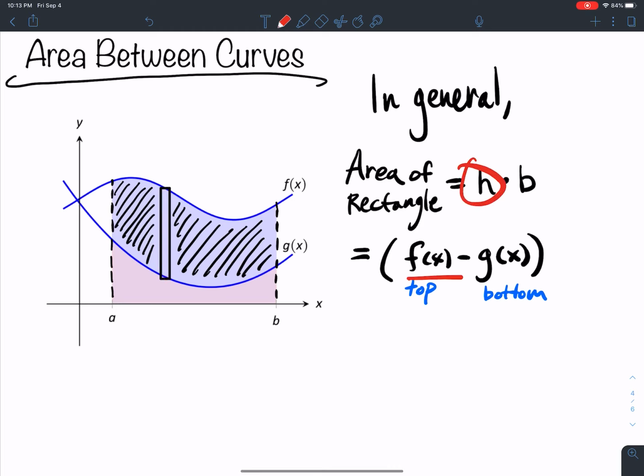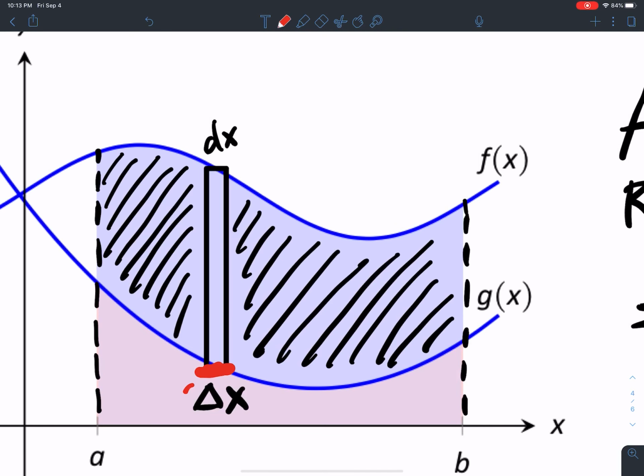h is the height. So that's that first part here. Now, the width, there's a change in x here. We're changing along the x-axis. A delta x here is the base, the width of this rectangle, delta x.